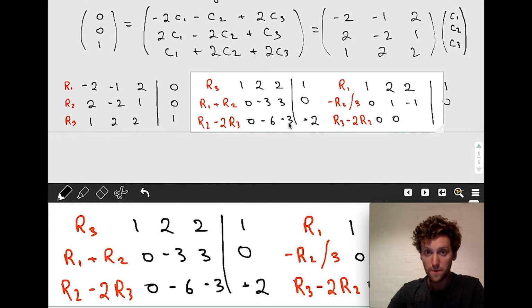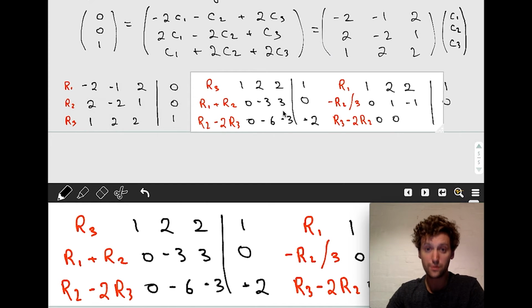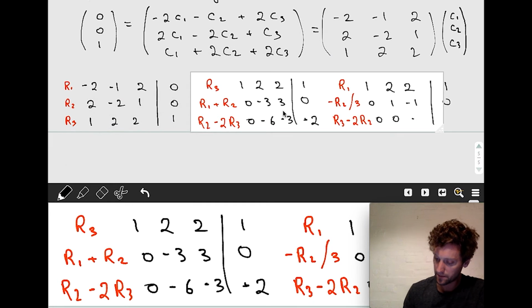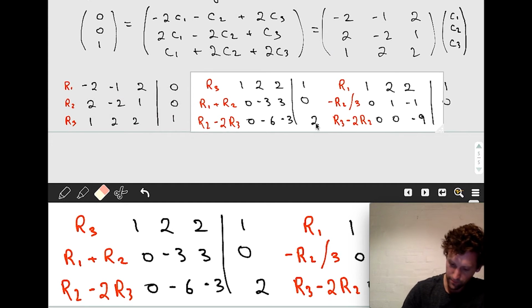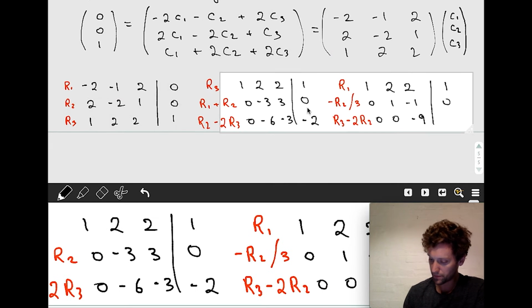Minus 3 minus 2 times minus 3, so that's minus 3 minus 6, which is minus 9. And I've got minus 2, that's a minus 2 there. Minus 2 times 0, so that stays minus 2. And we have this now in reduced row echelon form.